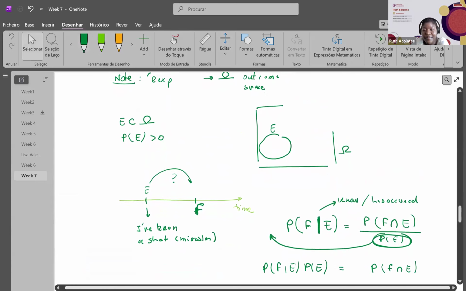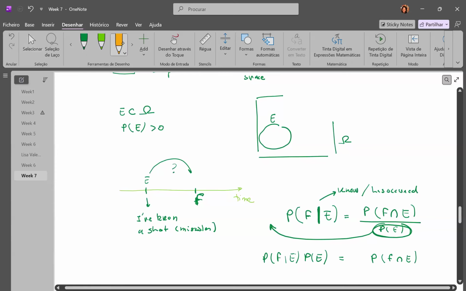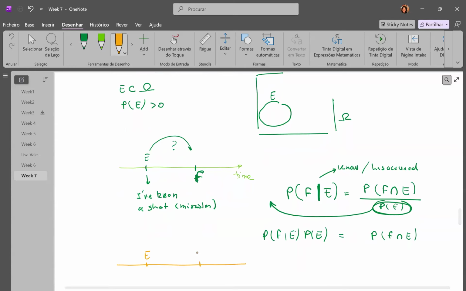Yeah. Now tell me, Ruth, if I ask you a question, this is intuitive. Suppose you are thinking about a timeline. I have an event E and an event F, and I tell you, listen, Ruth, I believe that E and F are independent.